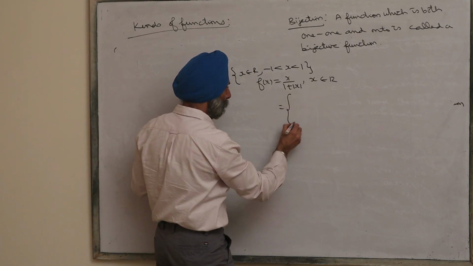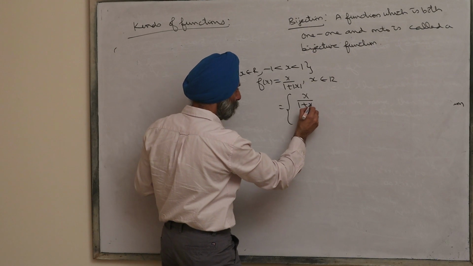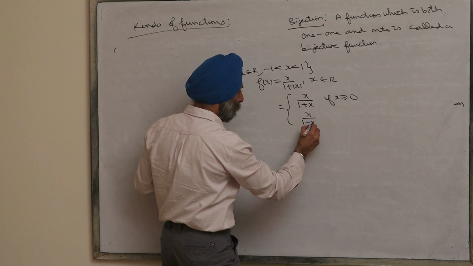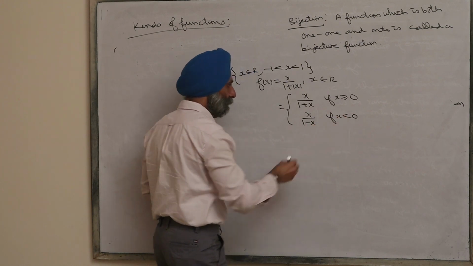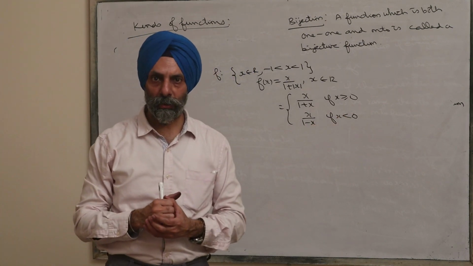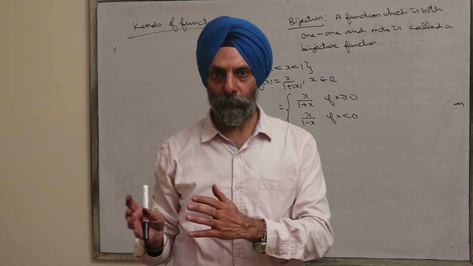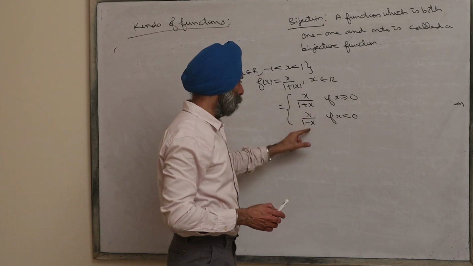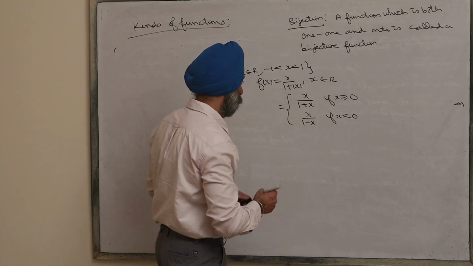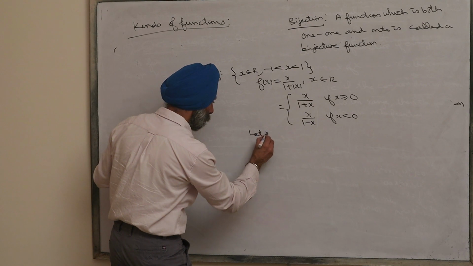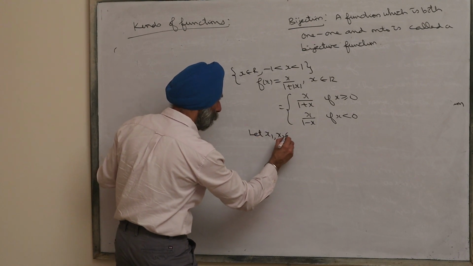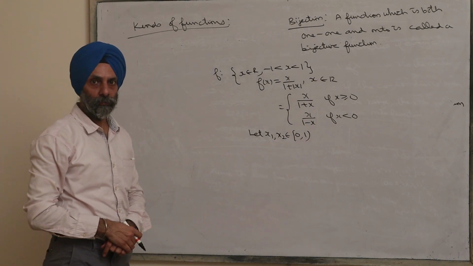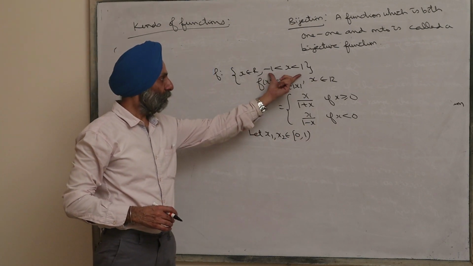Now you can see here it can be written as x over 1 plus x if x is greater than or equal to 0. It is x over 1 minus x if x is less than 0. So whenever modulus is there, you need to define mod of x. So mod of x is x if x is greater than or equal to 0. It is minus x if x is less than 0. Now let x1, x2 belong to the interval 0 to 1, because it should lie between -1 to 1.